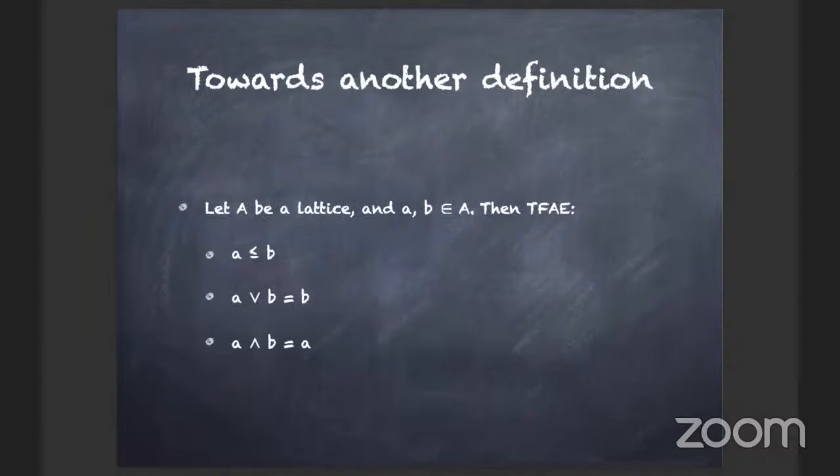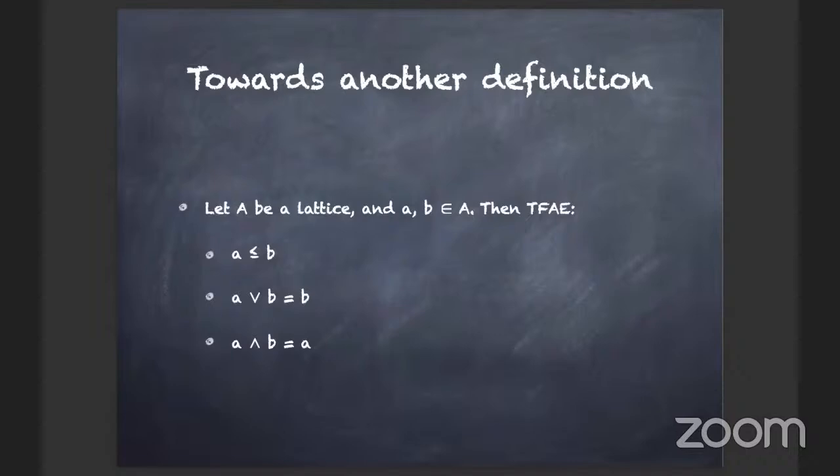So now we started off with posets yesterday, and we have given you a definition of lattice in terms of those posets. But now what we would try to do is give you a definition in another way.